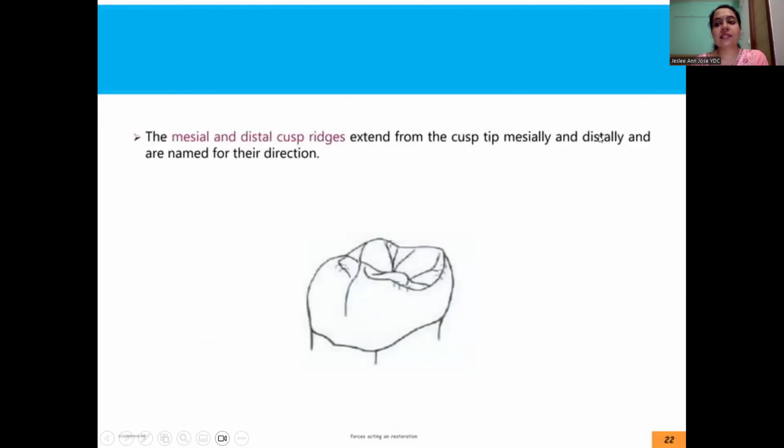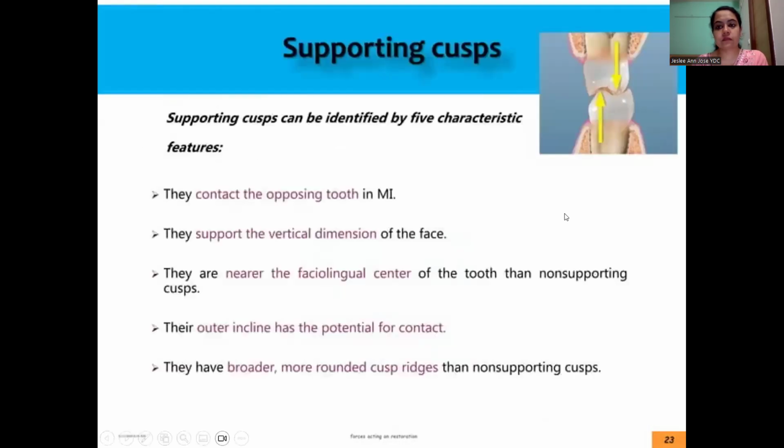Then next are the mesial and distal cusp ridges. They also extend from the cusp tip mesially and distally and are named in their own respective directions. Next is the supporting cusp. Supporting cusps are the functional cusps. It is characterized by 5 features.